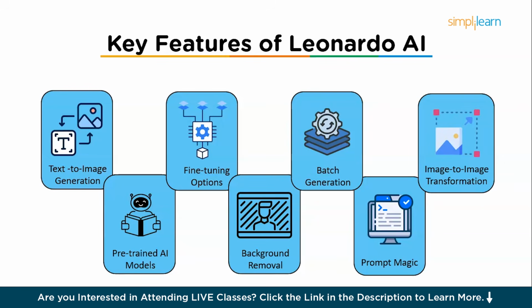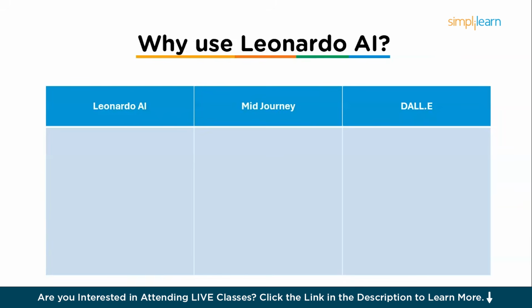Now moving on, we will understand why we should use Leonardo AI and how Leonardo AI is different from others like Midjourney and DALL-E. Leonardo AI differs from other famous AI art generators like Midjourney, DALL-E, and Stable Diffusion in several ways. So here's a breakdown of how Leonardo AI actually stands out.